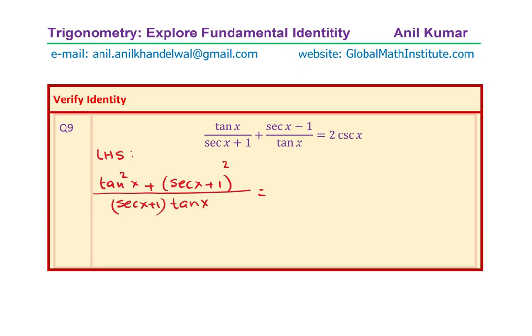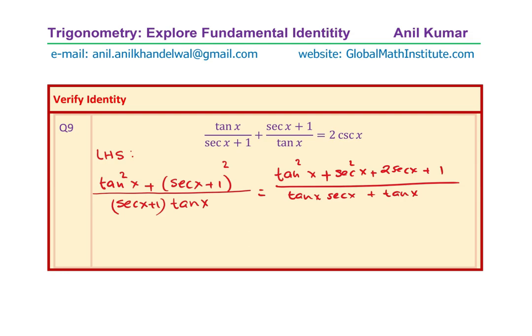So here, what do we get? We get tan square x plus secant square x plus 2 secant x plus 1 over tan x secant x plus tan x.